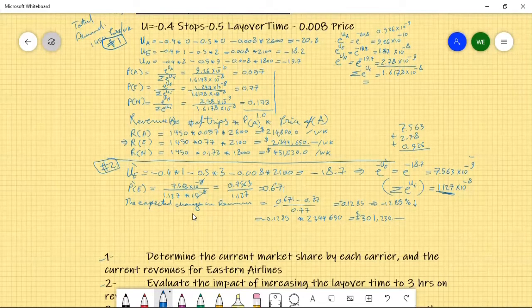Okay, but if you increase the price, you are going to affect the utility function, and the utility function value will go up. Let's look at it together.